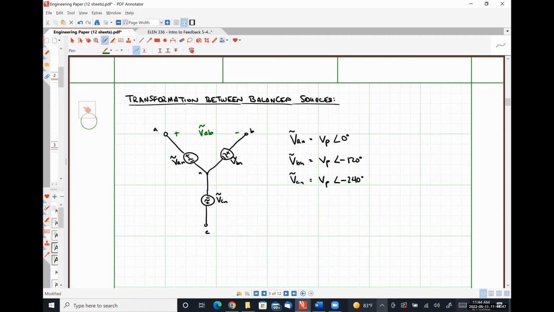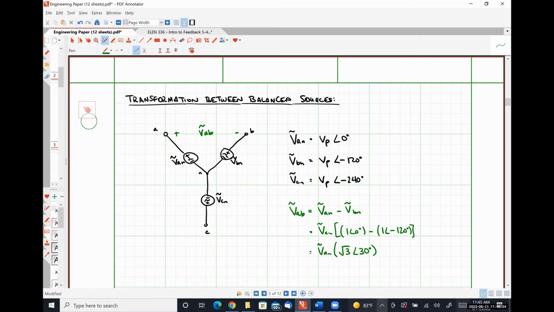And we would find, as Connor suggested, that our voltage VAB would simply be VAN minus VBN, which is the same as VP times 1 angle 0 degrees minus 1 angle negative 120 degrees, or VAN multiplied by a factor of square root of 3 angle positive 30 degrees.